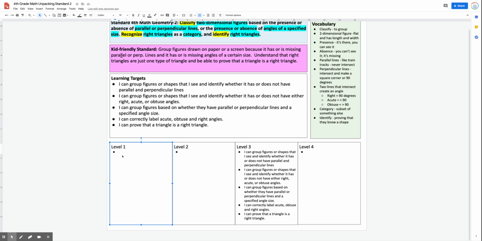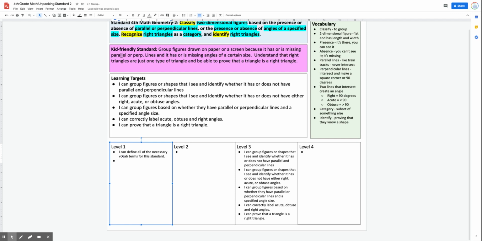So level 1 is going to be that I can define all of the necessary vocab terms for this standard.